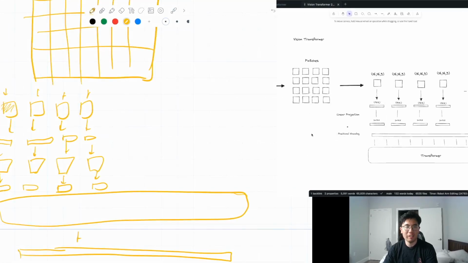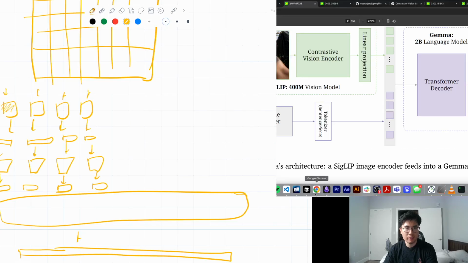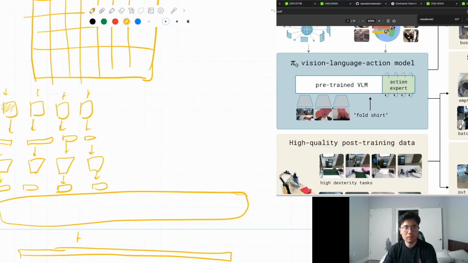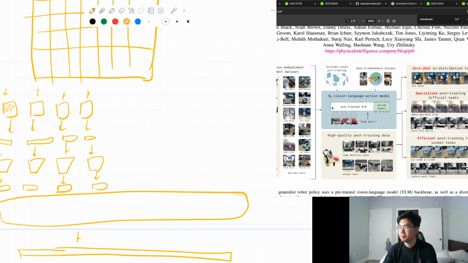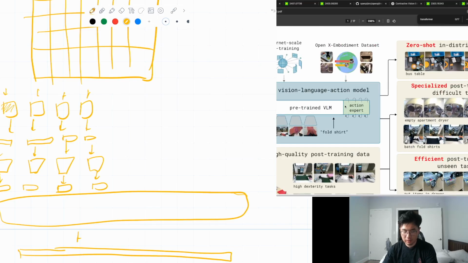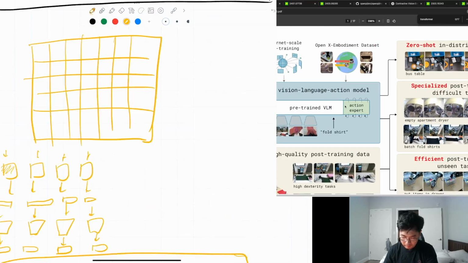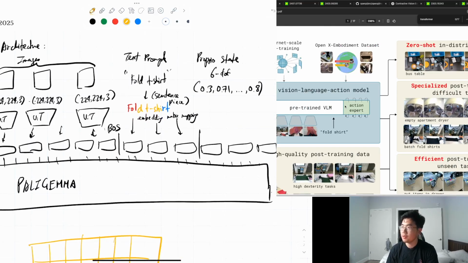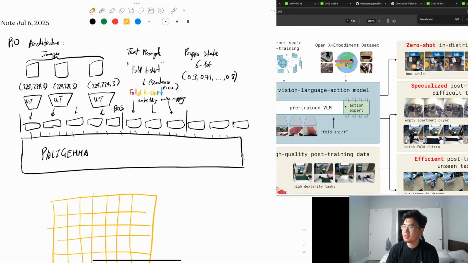Anyways, so we're back to the Pi0 architecture. All right, so this pre-trained VLM, if we go back to my drawing, kind of looks like this. Oh, this is getting messy. But you have your images, your text prompt, and your proprio state.